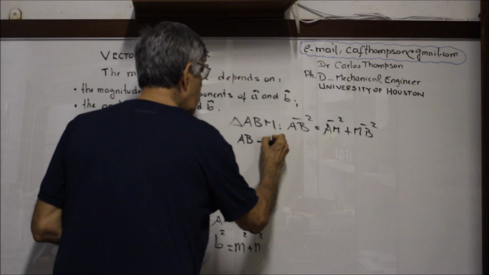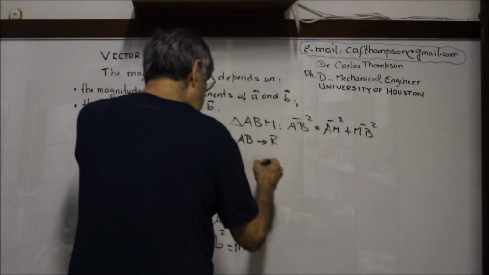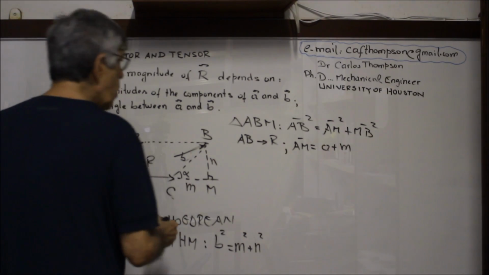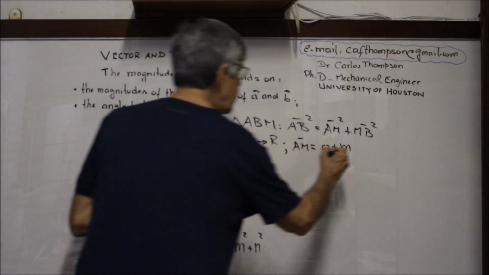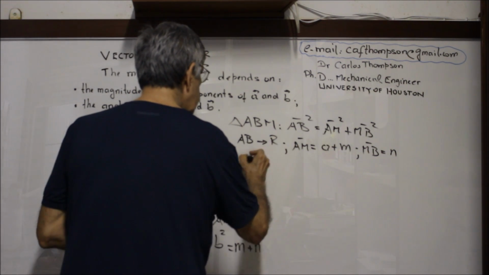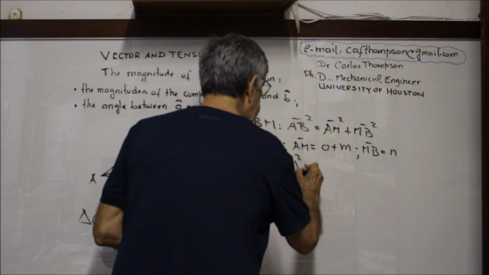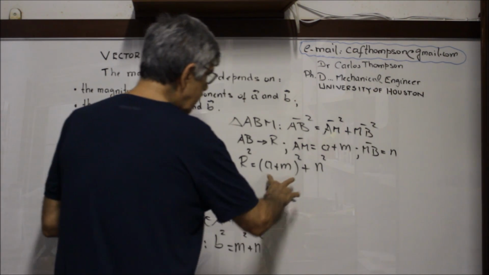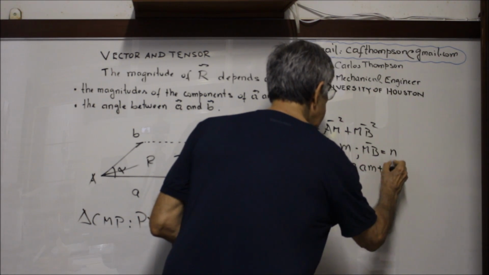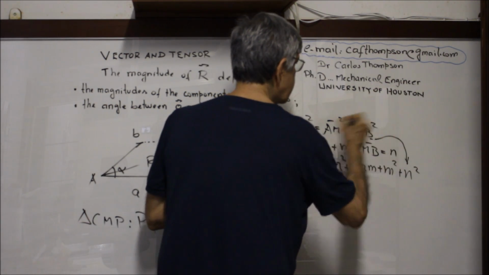AB is R. AM is A plus M, just numbers. And MB is equal to N. Let's substitute just letters here. So R squared is equal to (A plus M) squared plus N squared. Let's expand this: A squared plus 2AM plus M squared plus N squared.